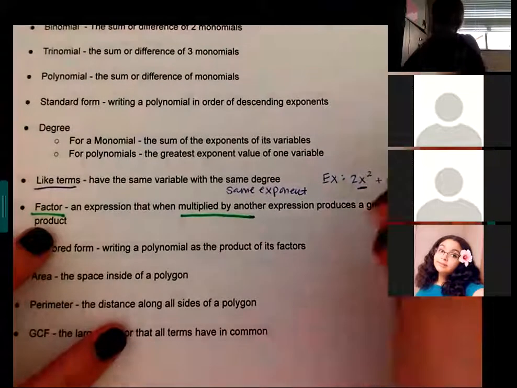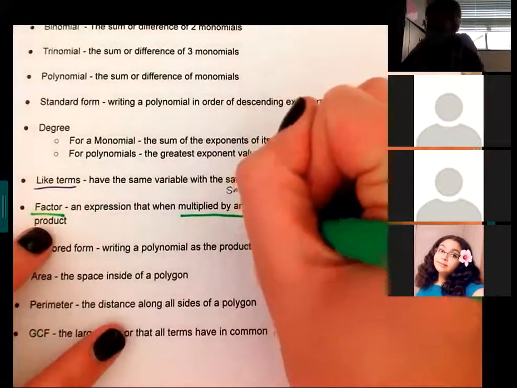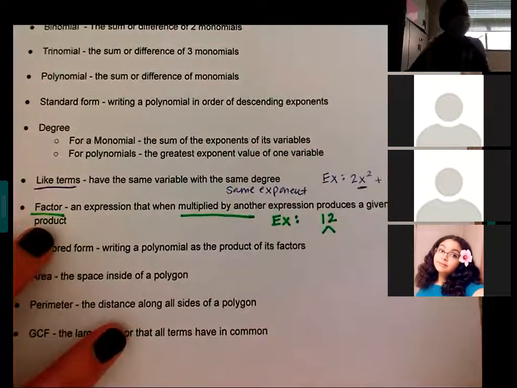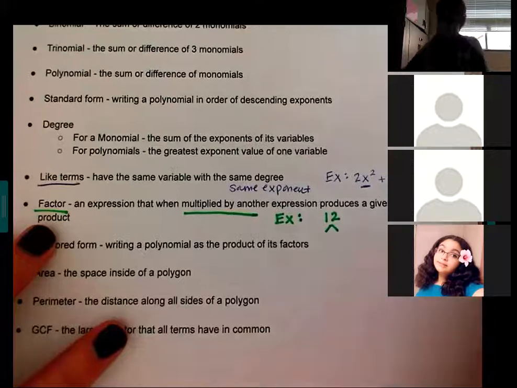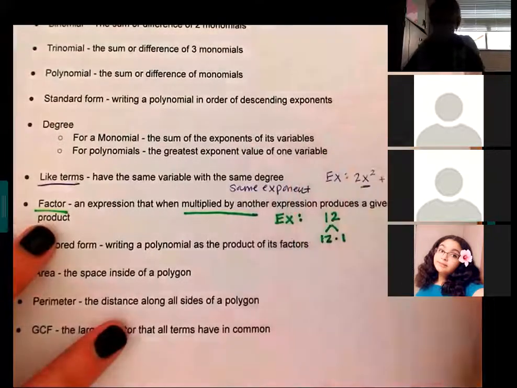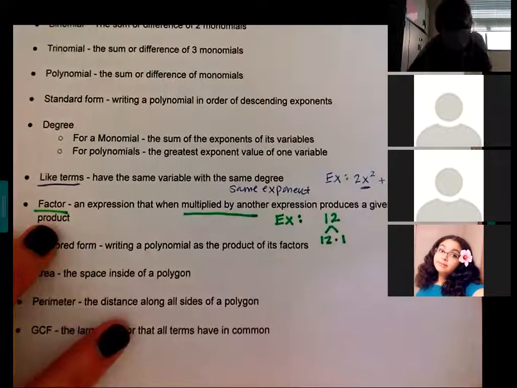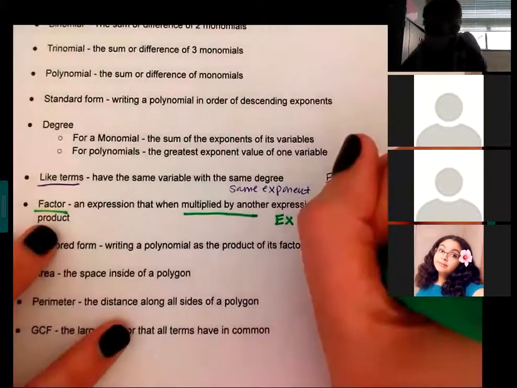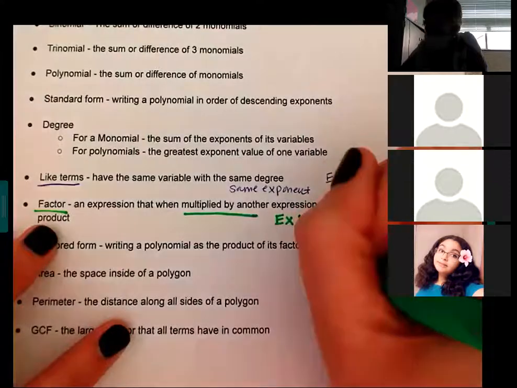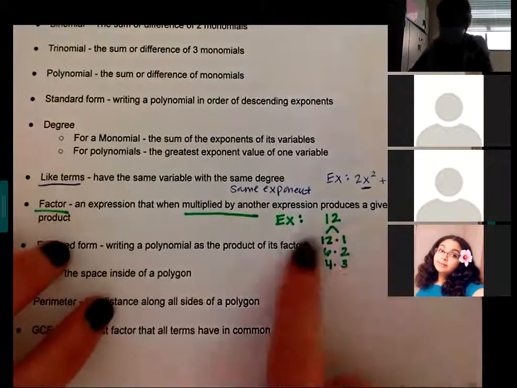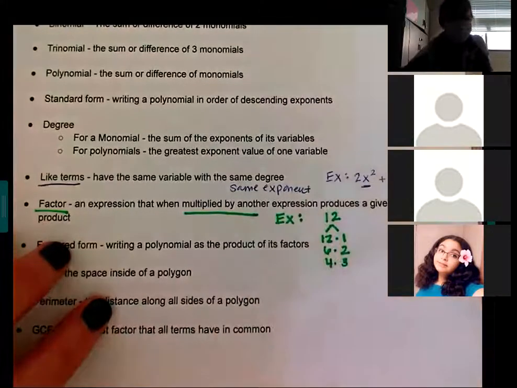For example, if I told you to give me the factors of 12, what would be some you'd tell me? 12 times 1. Somebody different, what's another one? 3 times 4. Oh, good. So y'all said two different ones. That's perfect. 6 times 2 and 4 times 3. Those are all factors of 12.